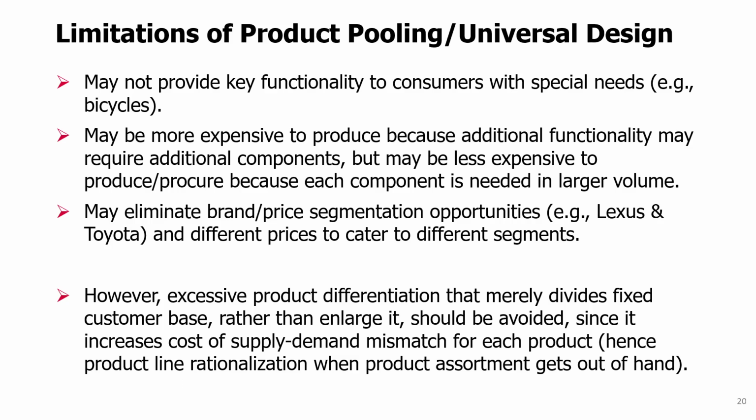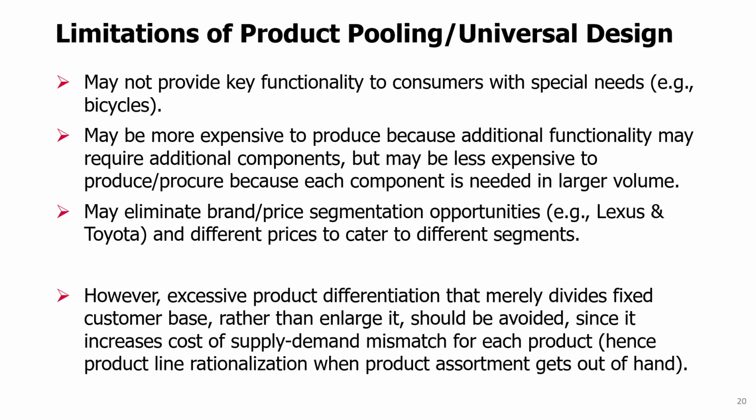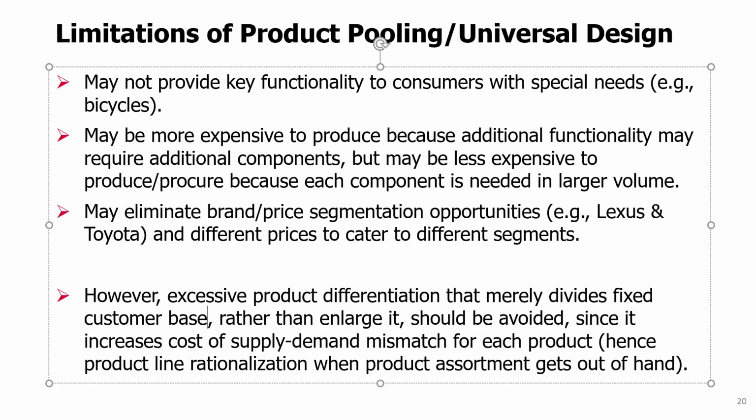However, notice that excessive product differentiation, from the perspective of this analysis, merely divides a fixed customer base, right? So if you have a product and then you create two variants of that product and you really don't gain any demand from this, right? You don't increase the sales and you don't have higher demand, right? That is actually counterproductive.